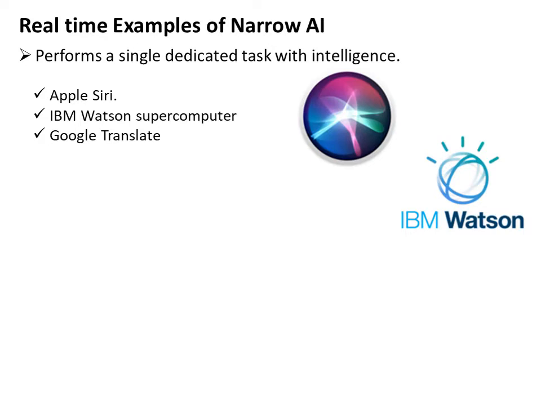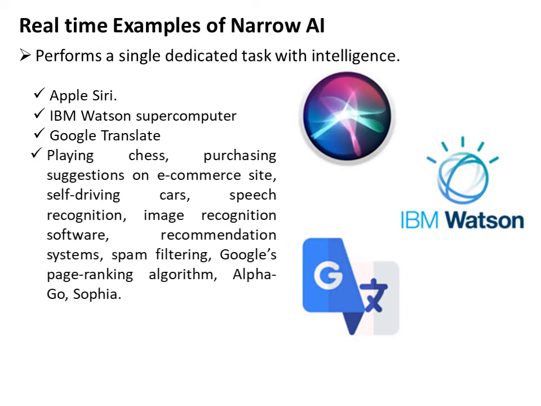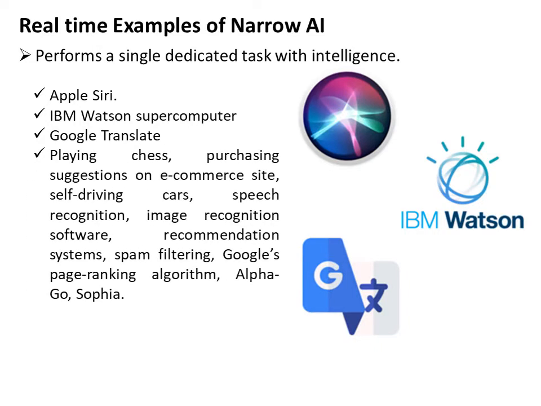Other examples of narrow AI include Google Translate, playing chess, purchasing suggestions on e-commerce sites, self-driving cars, speech recognition, image recognition software, recommendation systems, spam filtering, Google's page ranking algorithm, AlphaGo, Sophia the humanoid, and so on.